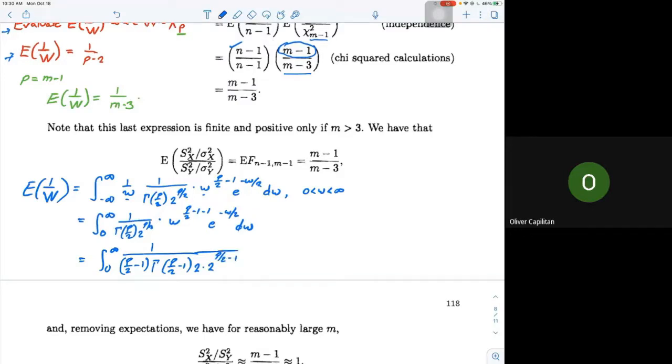And then we have W raised to p over 2 minus 1 minus 1. Then we have e to the negative W over 2 dW.